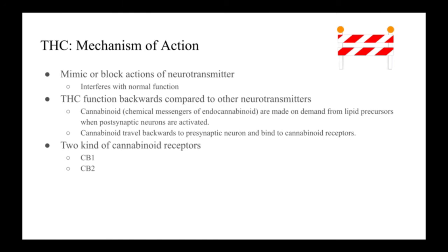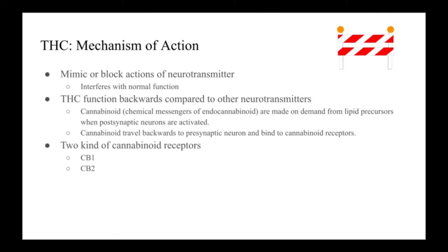The two main actions of THC are mimicking or blocking actions of neurotransmitters to interfere with normal function. Compared to other neurotransmitters, cannabinoids work backwards. Normally, neurotransmitters are released from a presynaptic cell and attach to the receptor at the postsynaptic cell, causing signal transduction.